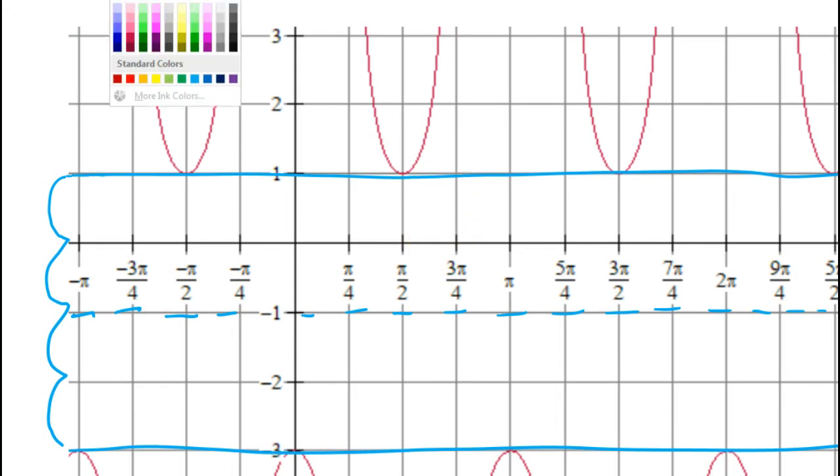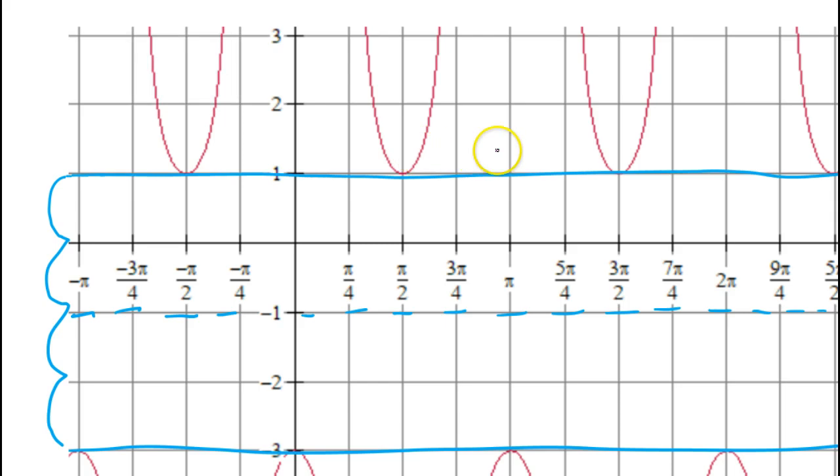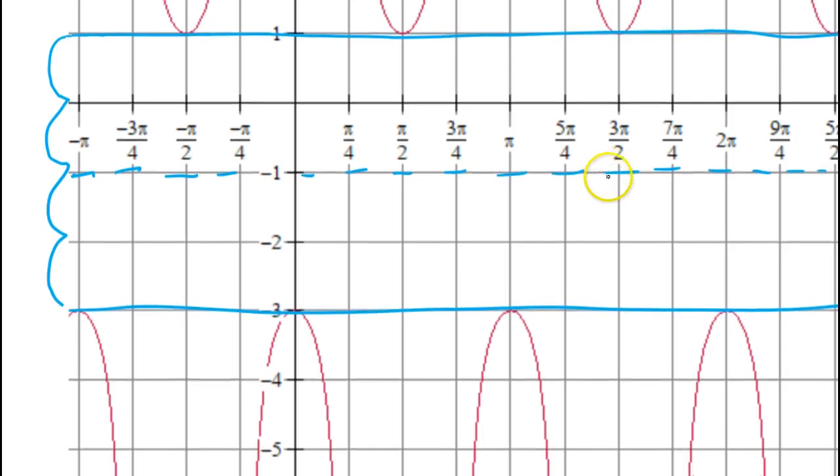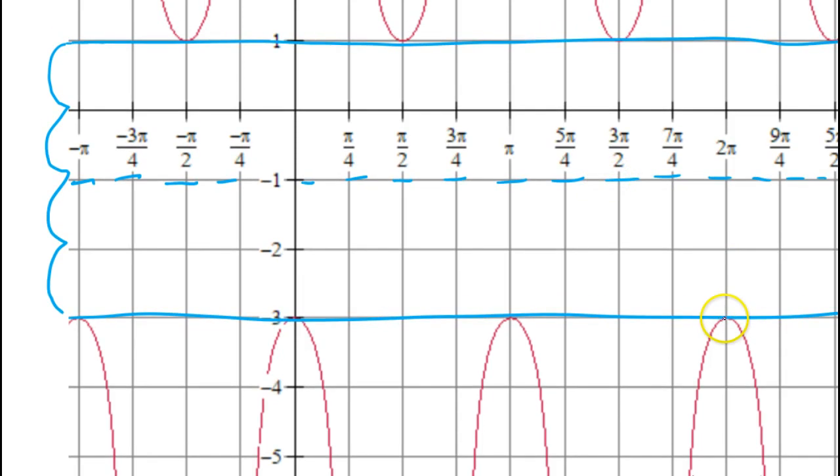So probably a good idea would be to pick a pair of peaks or valleys. Oh, look at these. This would be an easy pair to use. Whoa, this is even better.